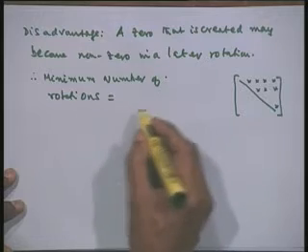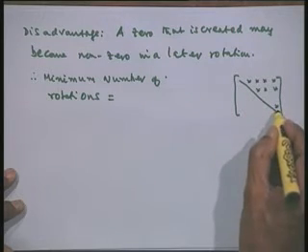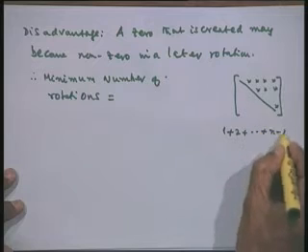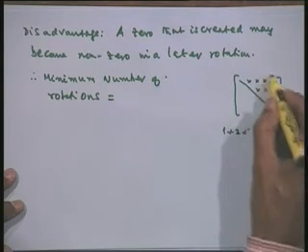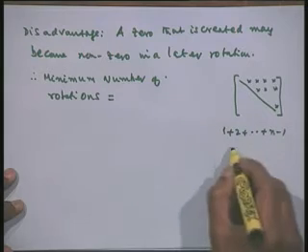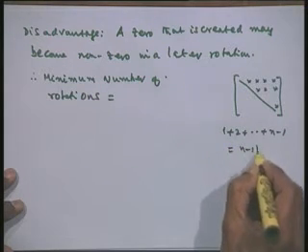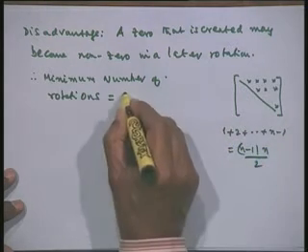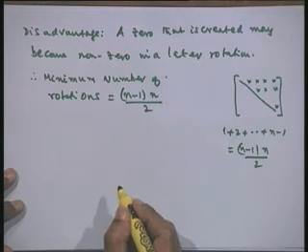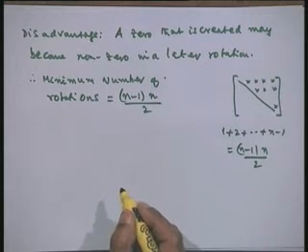So, the number of elements that is to be made 0, let us count from bottom, 1 plus 2 plus 3 so on to n minus 1. So, this is the number of elements that are to be made zeros. Therefore, the number of rotations thereby will be n minus 1 into n by 2. So, this will be the minimum number of rotations that will be required.